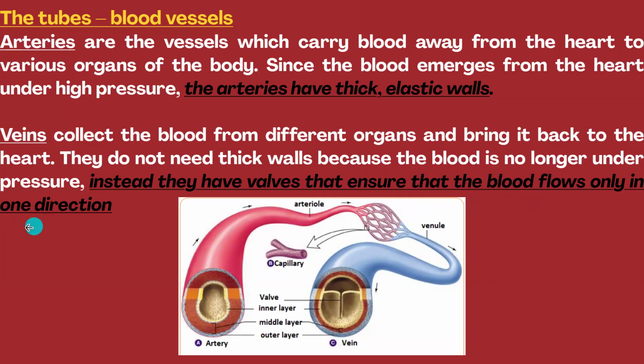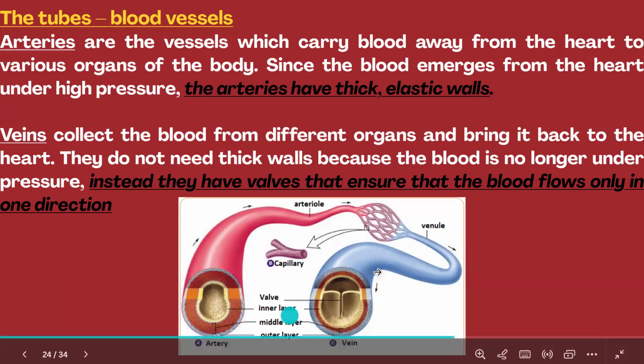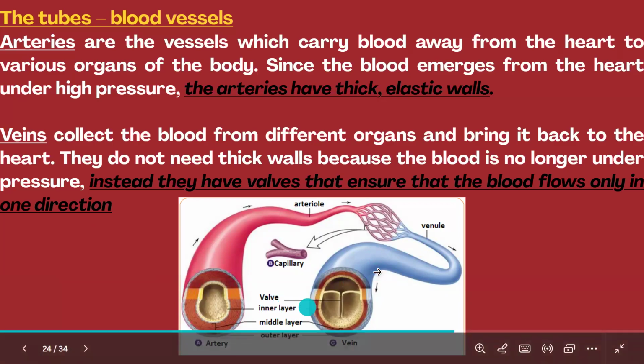So what is the purpose of having these valves here? Here you can see the gate-like structures. The veins have thin walls, but they have valves like a gate-like structure. What is the purpose?